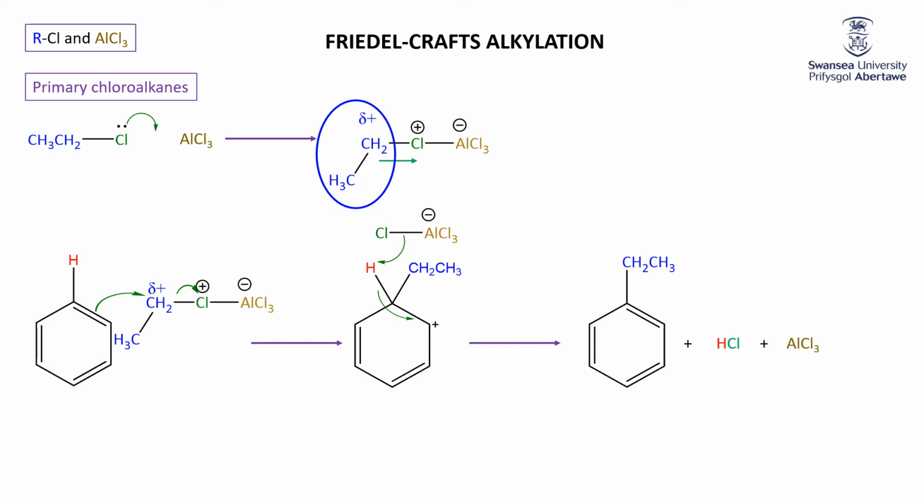Here it's the carbon that was attached to the chloride that becomes even more slightly positive than it is anyway in that nice polar bond, and so we can then get the attack of that electrophile on the benzene ring. Now you will have been told a different mechanism for this, but I'm going to come back to that in a minute. But this is the more established mechanism where you have that activated complex rather than something else.